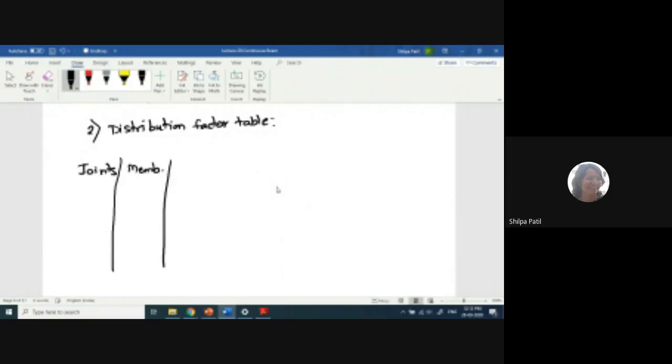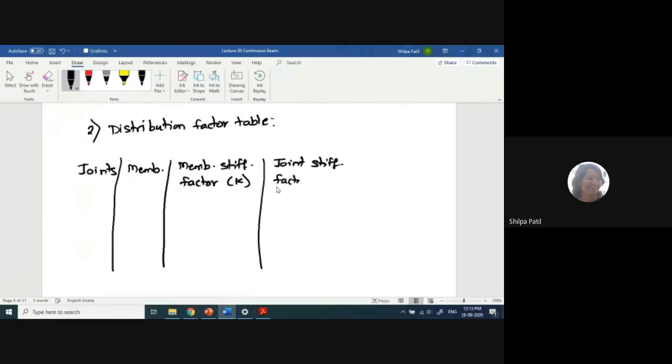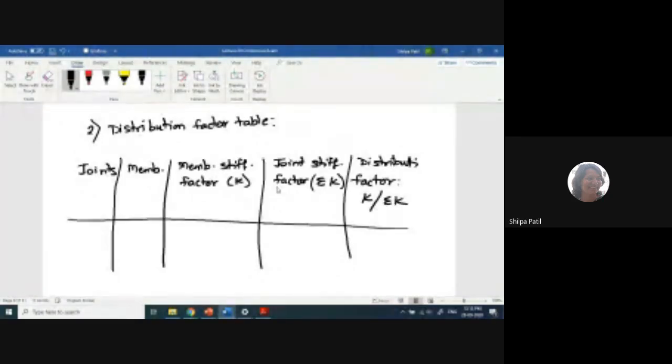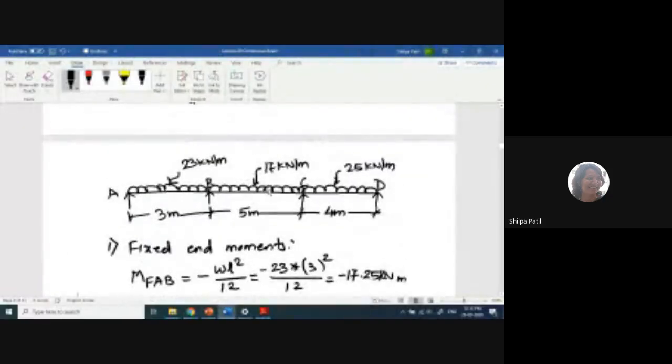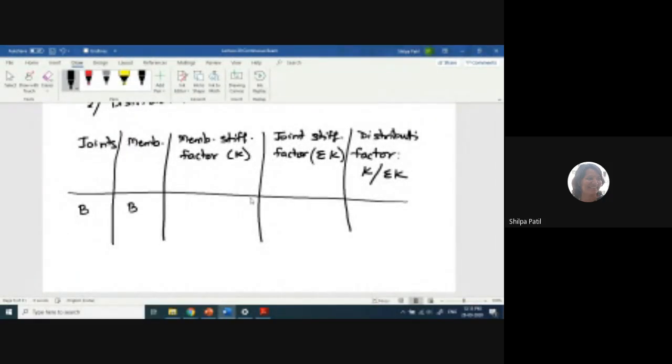Then I have to write down the member stiffness factor, which is denoted as K. And then next is joint stiffness factor, which is nothing but summation K. And next is distribution factor, which is calculated as K divided by summation K. So let us consider now one by one the joints. The first joint is joint B. And what are the members associated with this? BA and BC.